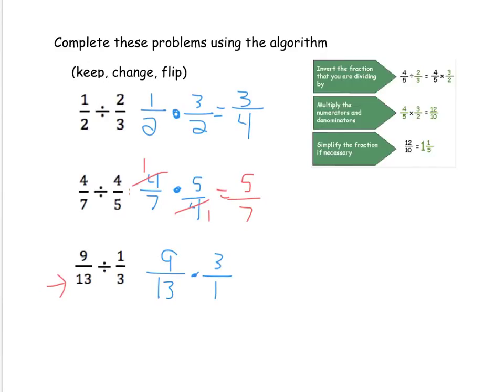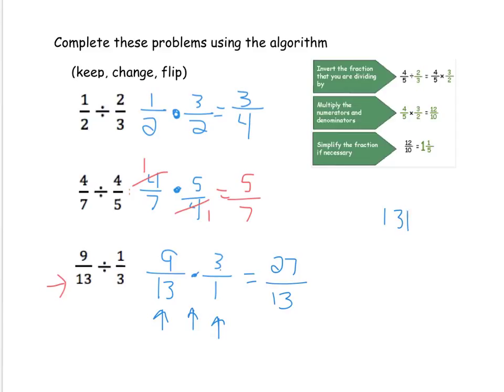Okay, so I already rewrote the problem. I kept the first number, I changed the division to multiplication, and I flipped that second number to its multiplicative inverse. And now I'm going to multiply across. 9 times 3 is 27, 13 times 1 is 13. But now this is an improper fraction, so I need to change it to a mixed number.